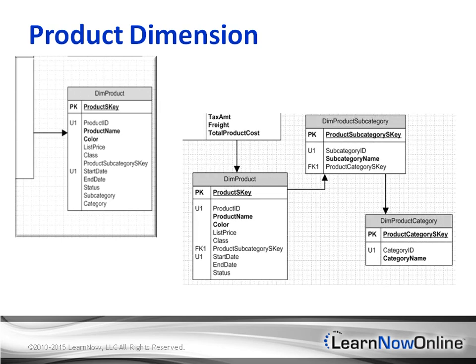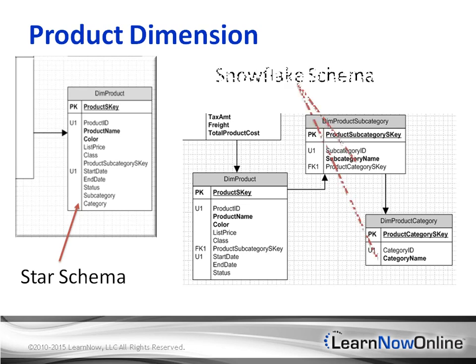In a snowflake schema, the category and subcategory columns are in their own dimension, with relationships based on the surrogate keys to the product dimension. Data warehouse or OLAP schemas are not normalized data structures, as you can see. The purpose of creating a dimensional model is to speed up the retrieval of data for analysis services databases, and this technique, modeling, has been proven to work for over 20 years.